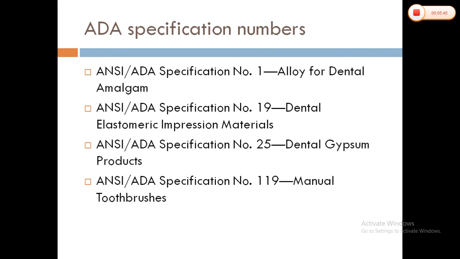ADA specification number 119 stands for manual toothbrushes. I told you, along with the materials, even the equipment have to follow the ADA specification rules. Even motorized toothbrushes fall under ADA specification number 120. So likewise, each and every material has got a number under which there are specific guidelines it has to meet.